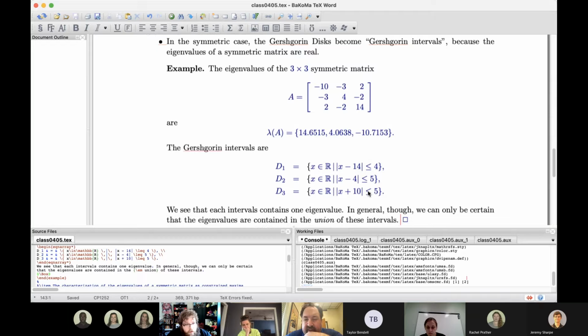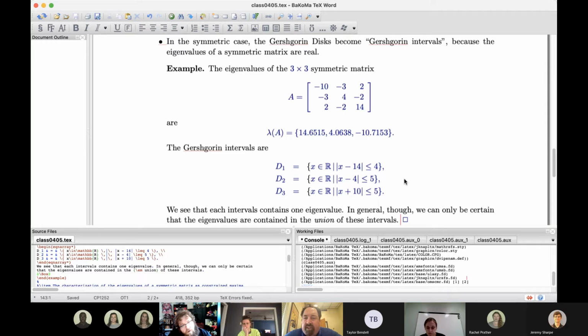Now remember, the Gershgorin theorem only says that the eigenvalues fall within the union of these sets. So we look at the unions of these intervals, because these intervals certainly can overlap. Do they in this case? Actually, in this case, they do not overlap.